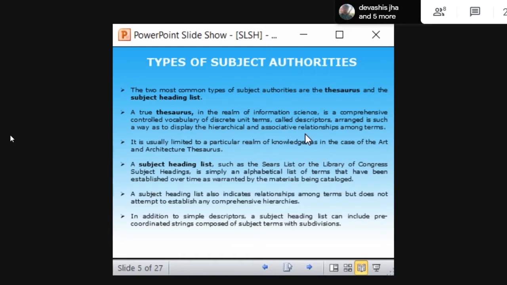In every edition of Sears list or LCSH, some headings may be removed, some changed, and some newly added. We saw in the LCSH that instead of computer networks, they are using internet because of the change of subjects and vocabulary. So every time they will change, and you also need to update it when you are using this subject heading list, right?